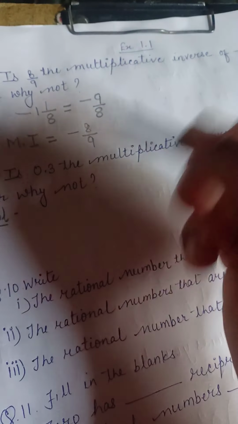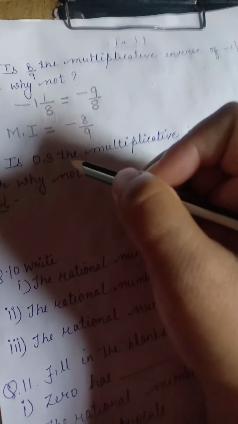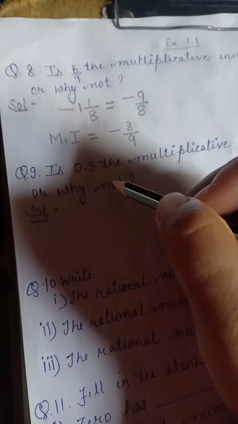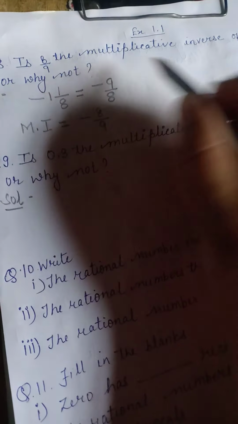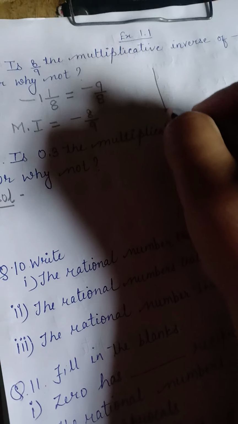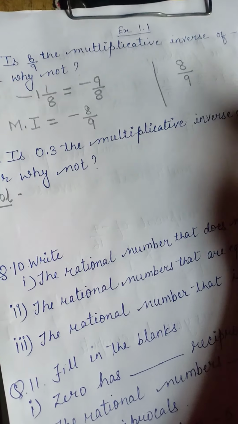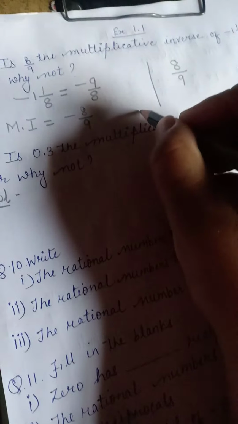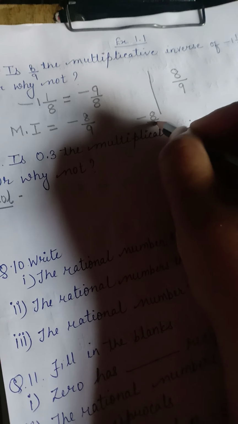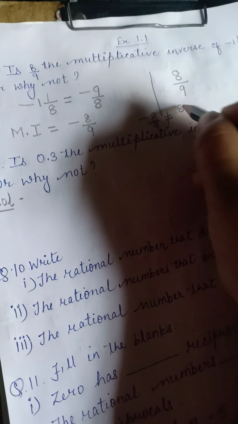When we find the reciprocal, we get its multiplicative inverse. So we have to check whether it is equal to 8 upon 9 or not. As we know, after finding the reciprocal, we should get 8 upon 9, and we know that minus 8 upon 9 is not equal to 8 upon 9.